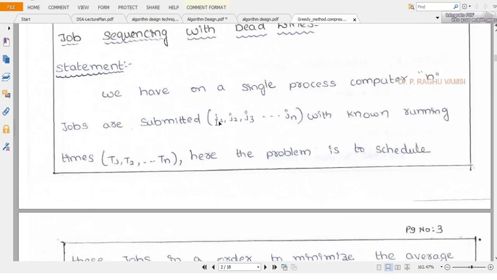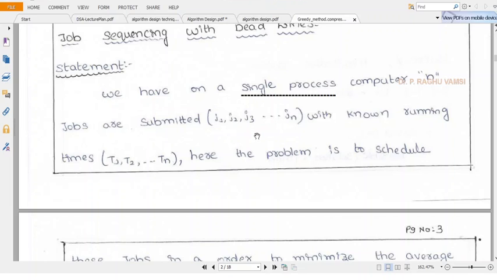Whenever J1 is executing, since there is only one single processor, obviously J2, J3 and the remaining jobs should wait. Once the J1 execution is over, then only the J2, J3 and other executions should start.